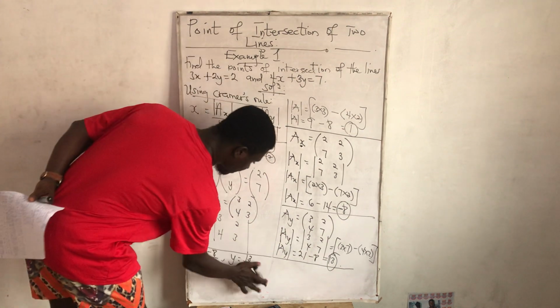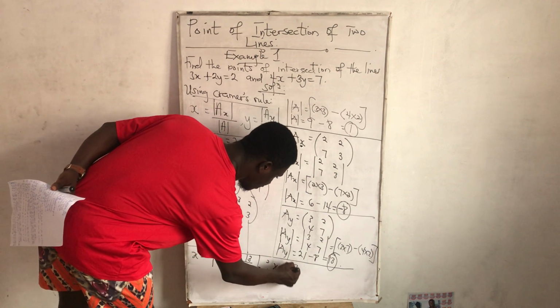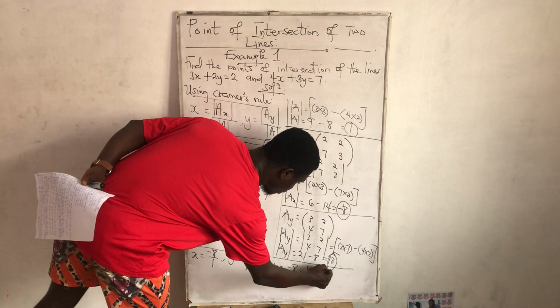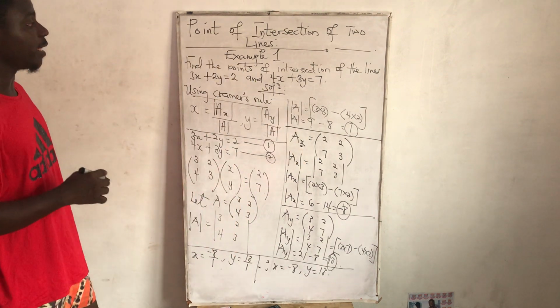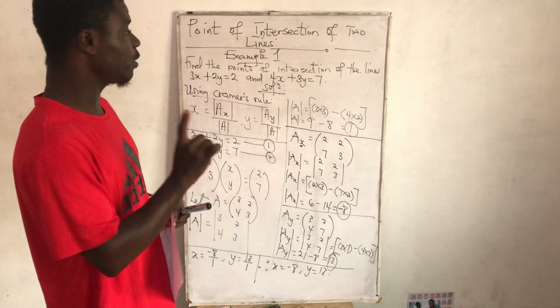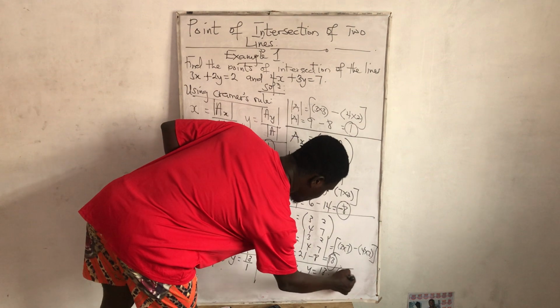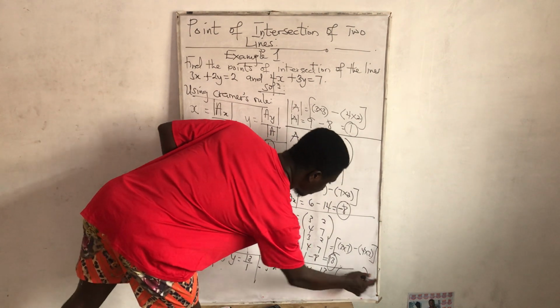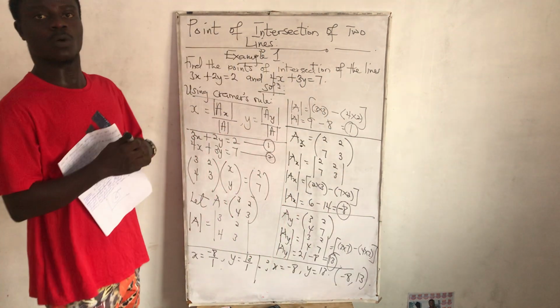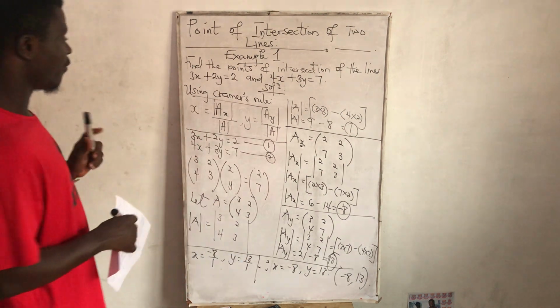So we know our x is negative 8, then our y is positive 13. So what will be the coordinates of the point of intersection? The coordinates of the point of intersection are negative 8, 13. Which is very, very simple.